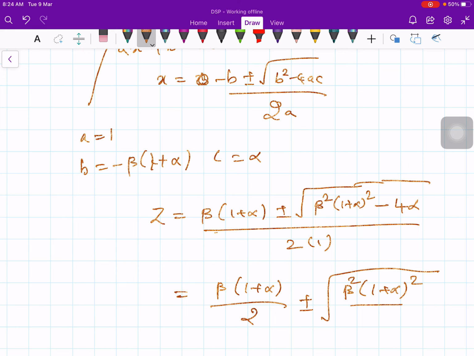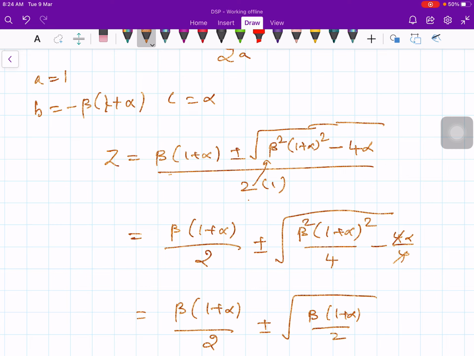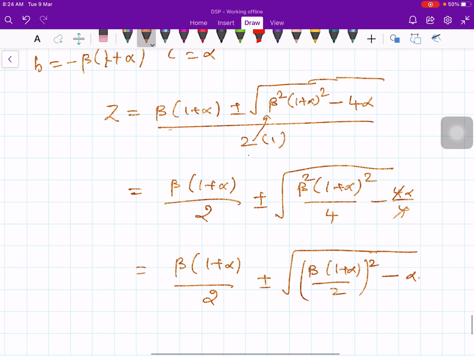If you bring this 2 inside the square root, then it becomes 4, and minus 4 alpha divided by 4, and 4 will get cancelled. So I can write beta times (1 plus alpha) by 2 plus or minus square root of, beta times (1 plus alpha) divided by 2, the whole squared, minus alpha.